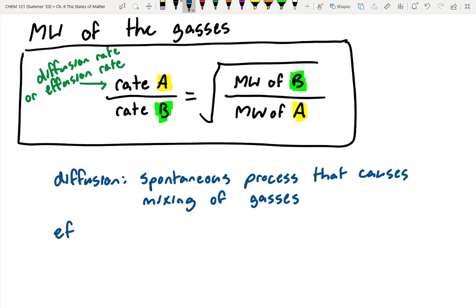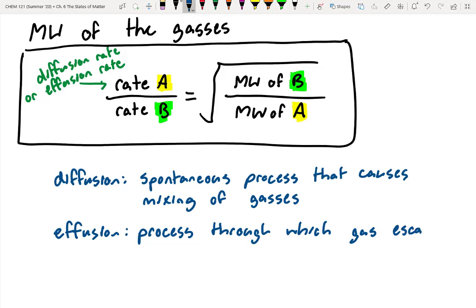Effusion, I know it sounds really similar, is a little bit different. It's the process through which gas escapes a container through a small hole.